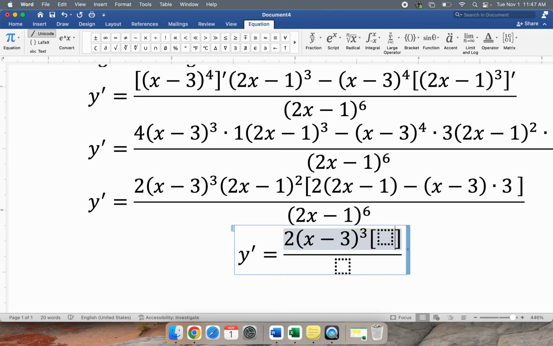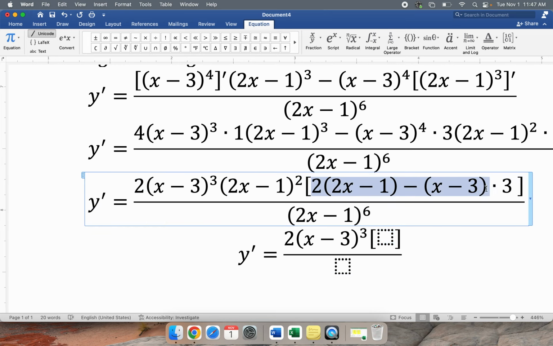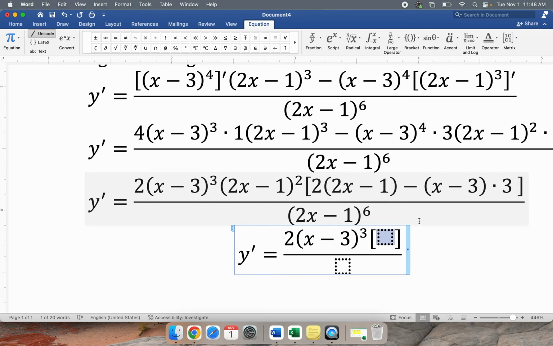Then we have the expression in brackets. Of course, while I'm at it, this expression in brackets, you might notice it can be simplified if you distribute the 2 to this term here, and then you distribute the minus sign and the 3 to these 2 terms here. You're going to wind up with a bunch of stuff that can be combined. Let's go ahead and do that.